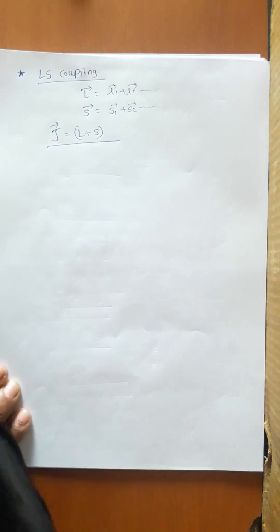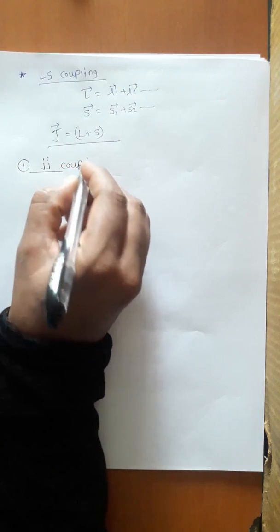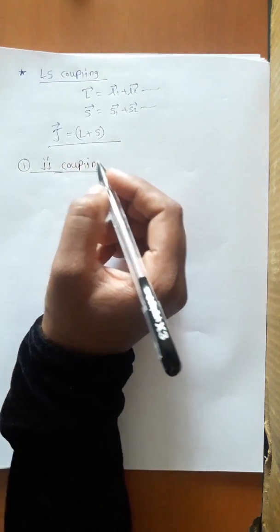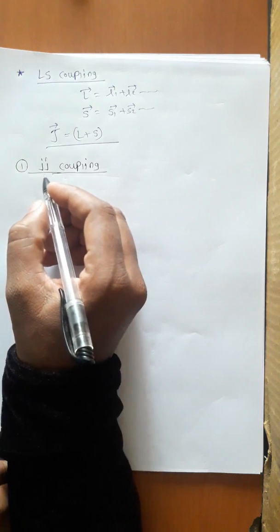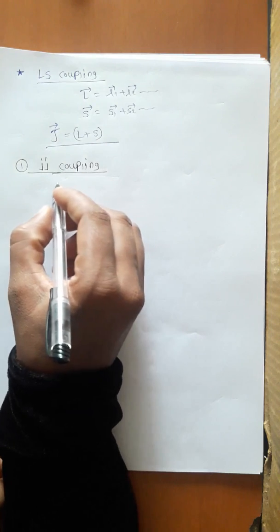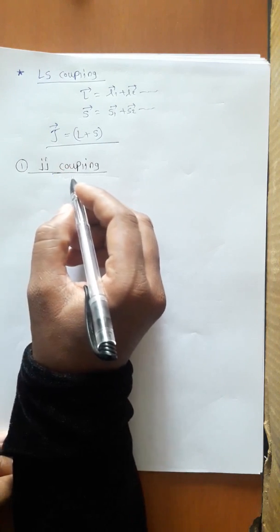In this lecture we will discuss another important coupling called the JJ coupling. In this type of coupling, the S1 star of one electron is quantized with respect to L1 star, and the resultant of L1 star and S1 star gives J1 star.